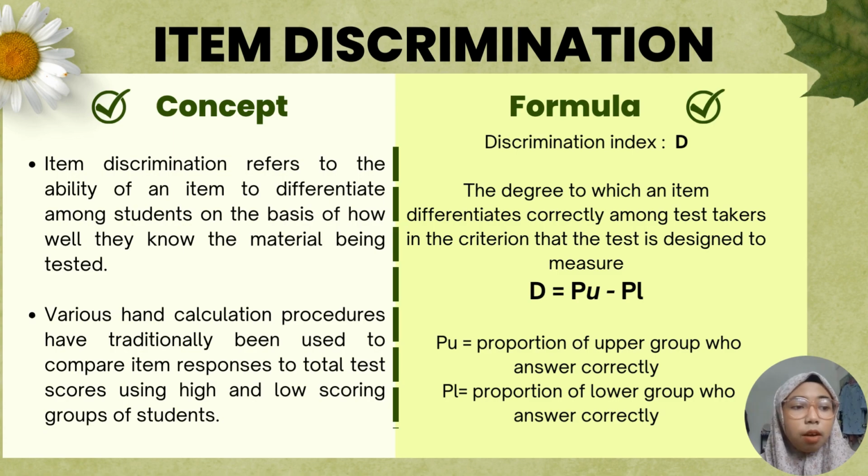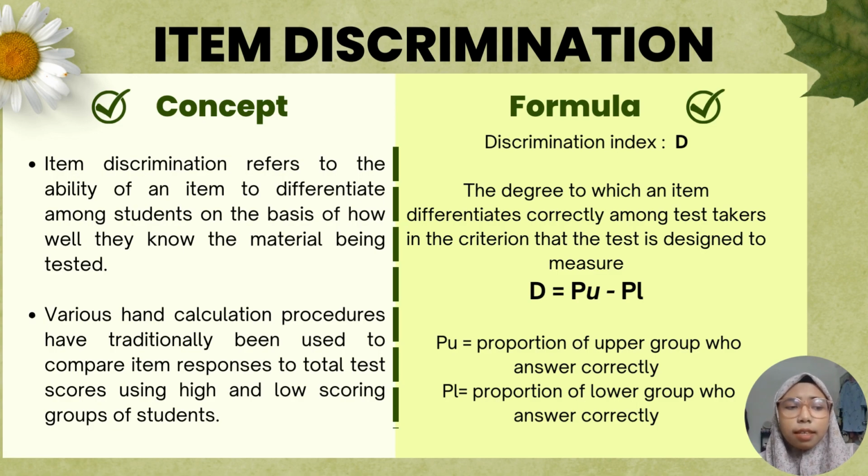Firstly, the concepts of item discrimination. Item discrimination refers to the ability of an item to differentiate among students on the basis of how well they know the material being tested. Various hand calculation procedures have traditionally been used to compare item response to total test scores using high and low scoring groups of students.